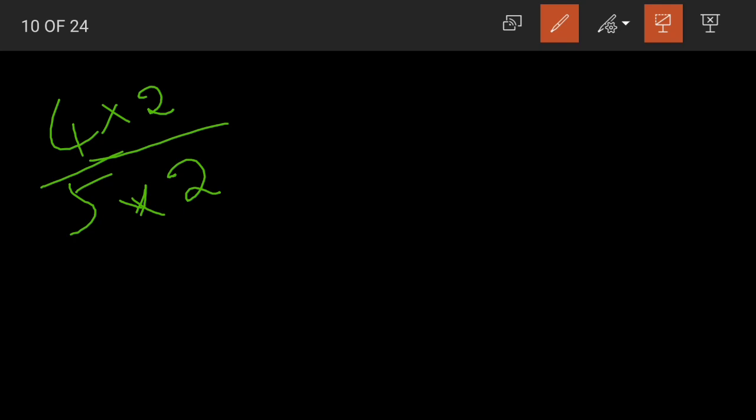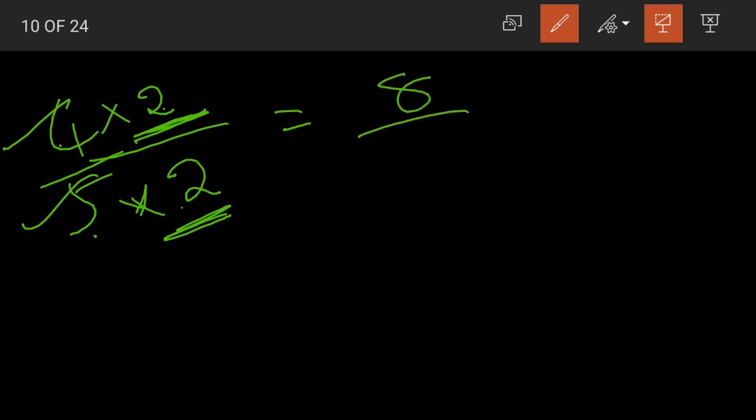So in this case I go for multiplying 4 into 2 by 5 into 2. Remember what I said? Multiply both numerator and denominator with the same non-zero number. Now 4 into 2 becomes 8, 5 into 2 becomes 10.